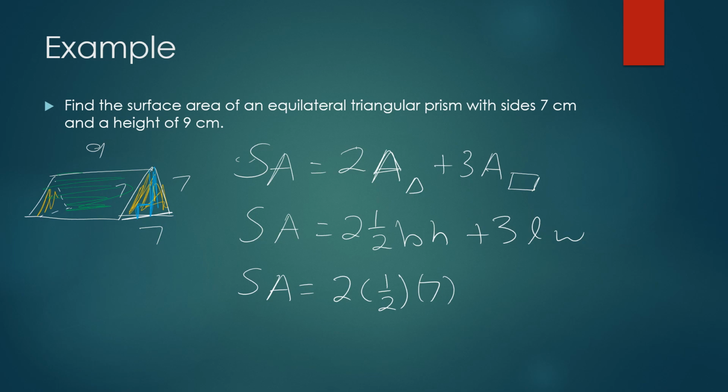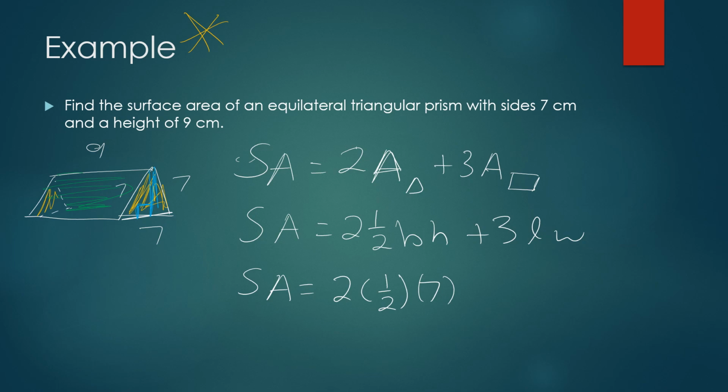Half of that leg is going to be 3.5, and I know that my slant height is 7. So we're going to use that formula backwards. So we're going to do some work up here to find that blue line.